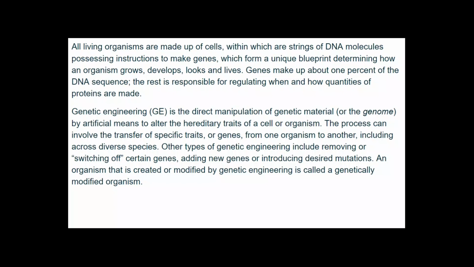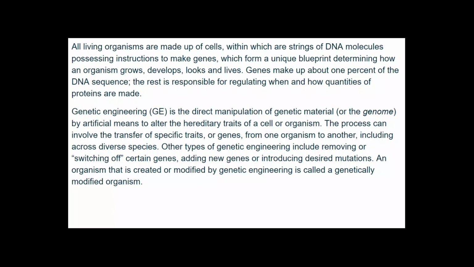The DNA is more like a recipe, giving instructions of how things are to be made, rather than a blueprint, a model which is already there. It just gives instructions. And genes make up about 1% of the DNA sequence. The rest is responsible for regulating when and in what quantities proteins are made.